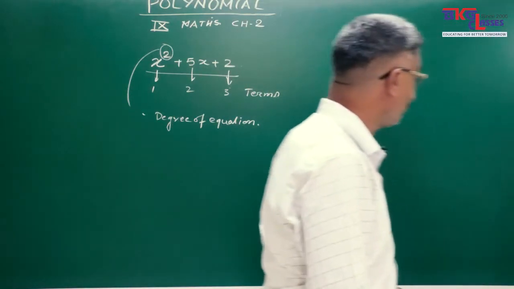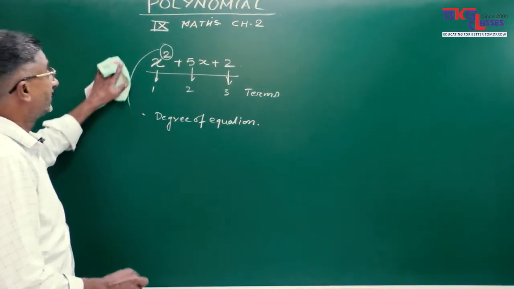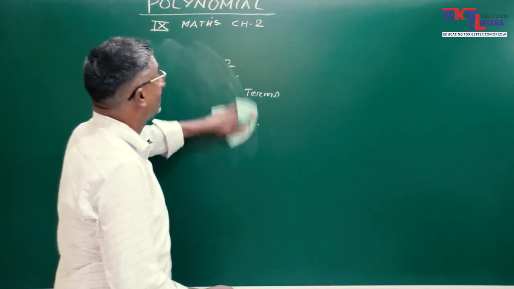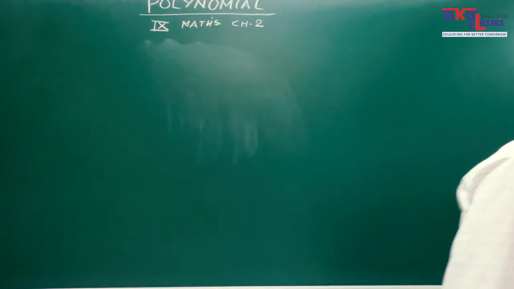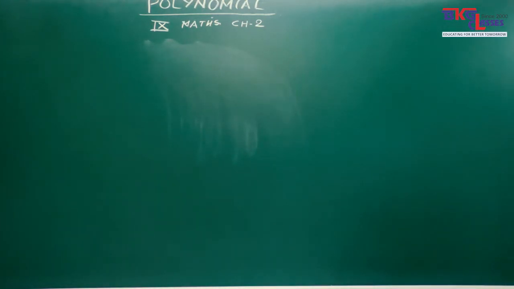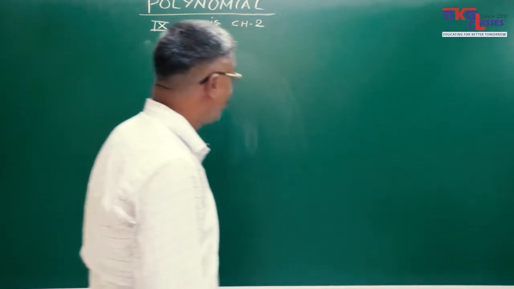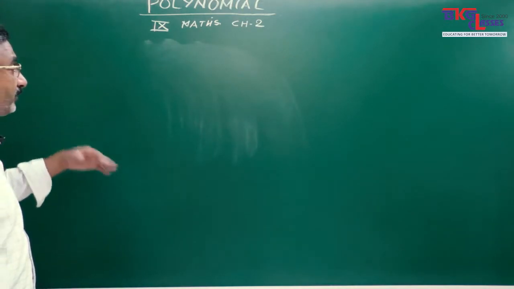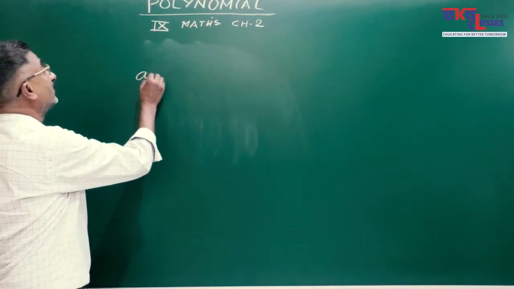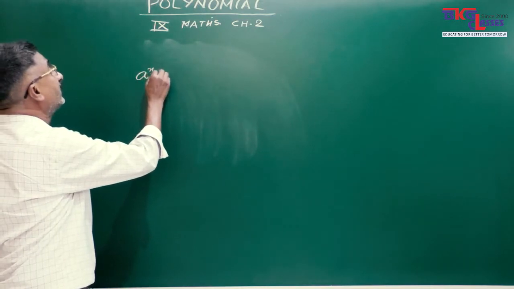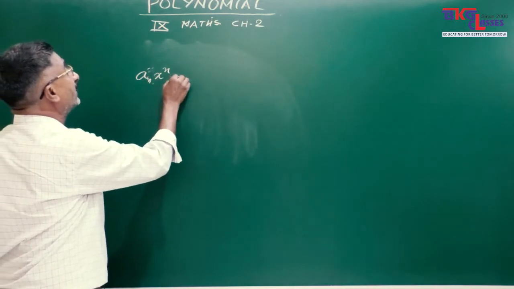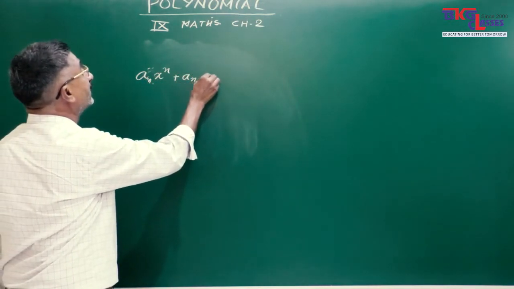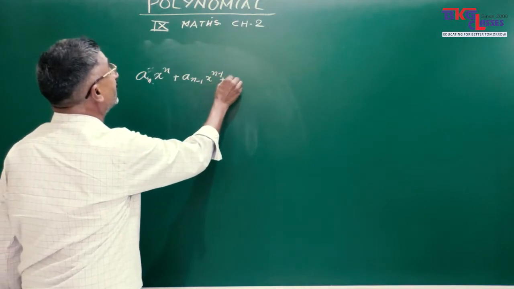Now, I would like to explain some more terminology here. We can write down polynomials like this also: a_n x raised to the power n, a_(n-1) x raised to the power n minus 1, and so on.